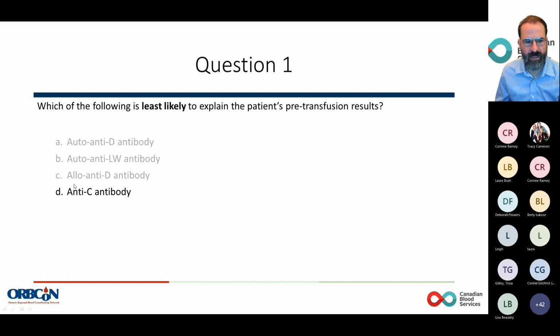And then an allo anti-D antibody is a possibility as well, even though this patient is D positive. We don't know if she's a D variant. She could be what used to be called a partial D and missing part of the D antigen, and then making an allo anti-D antibody with her prior RBC exposure. So that big C antibody is the best answer in this one.